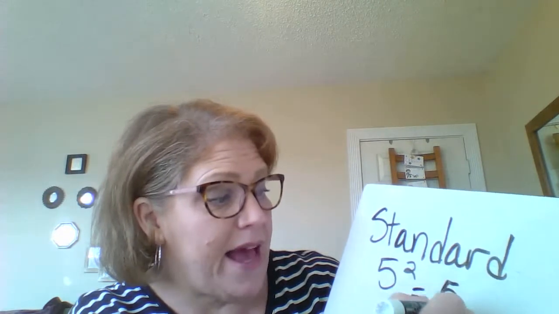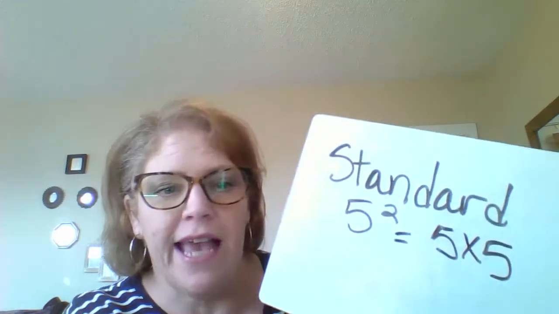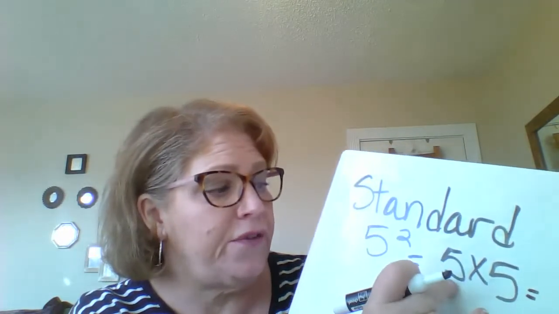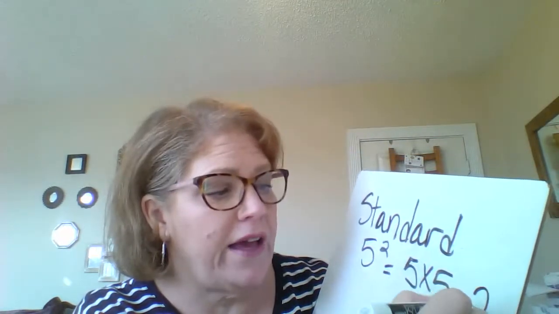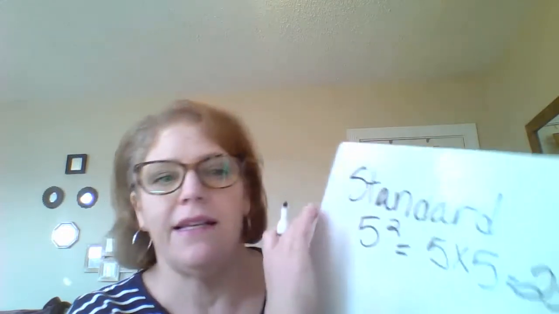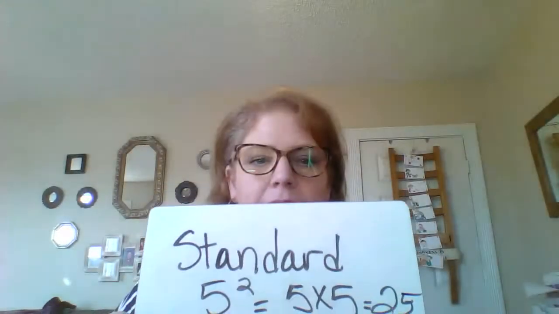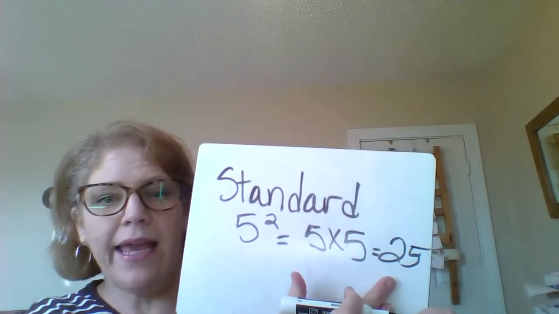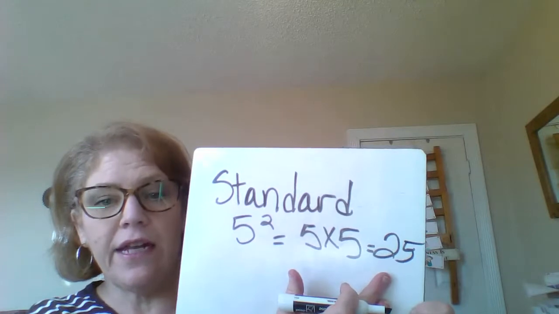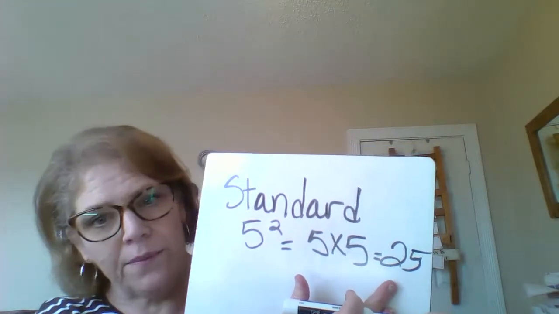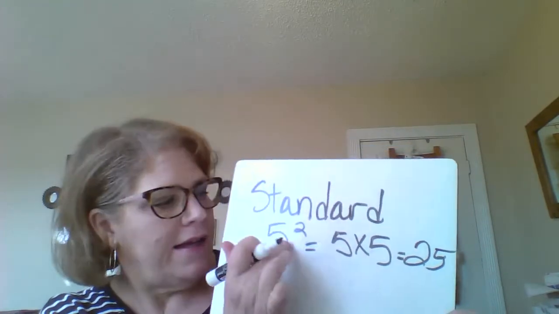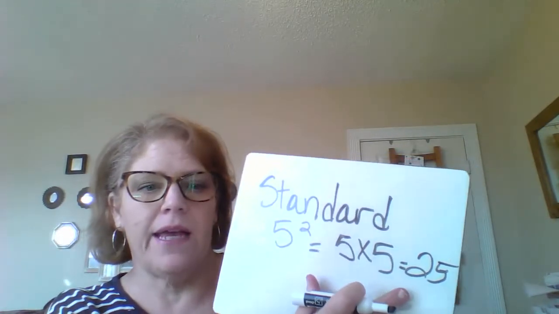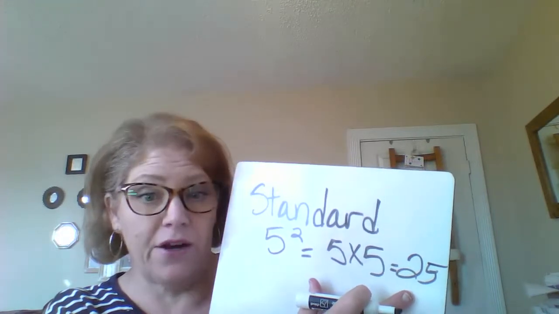That is the same as 5 times 5, which is expanded form, and the answer to 5 times 5 is 25, which is the standard form. So the answer you get when you figure out an exponent is called the standard form: exponential form, expanded form, and the answer is standard form.